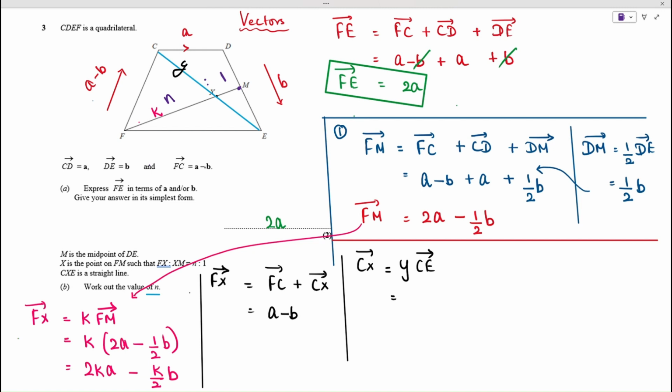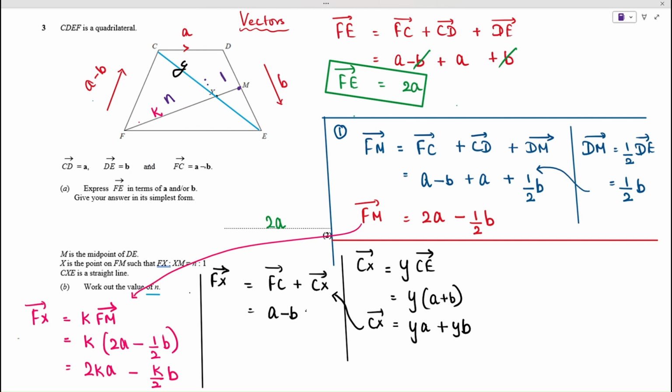So we have y times a plus b. And when we expand it, we get C to X is equal to ya plus yb.